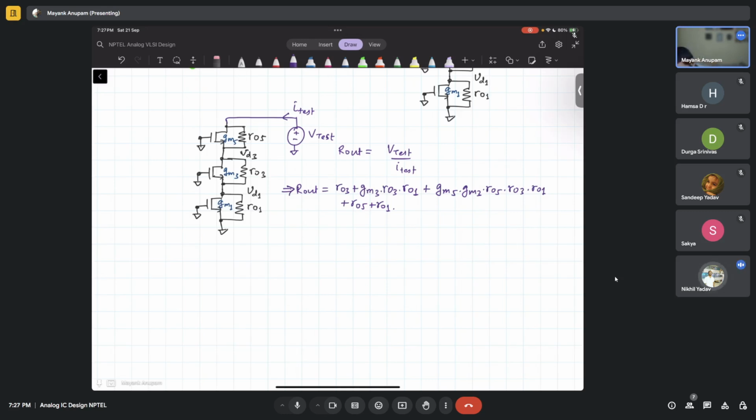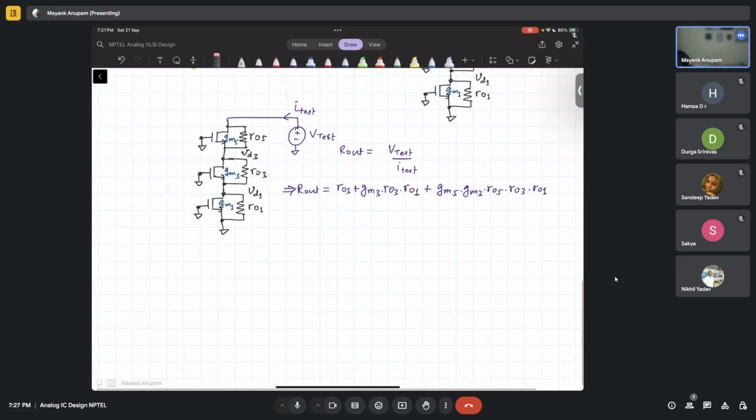No, I think I have not got it. There's some error. Try to look at it, okay? You will get other terms also. There's some error here. Anyway, it doesn't matter much because ultimately the term that will dominate will be this one.